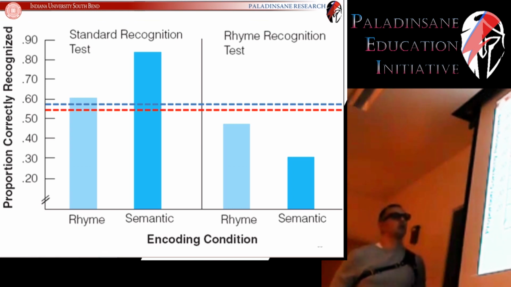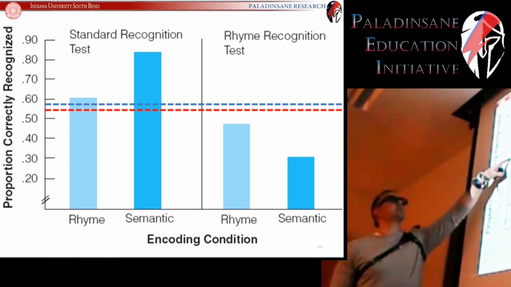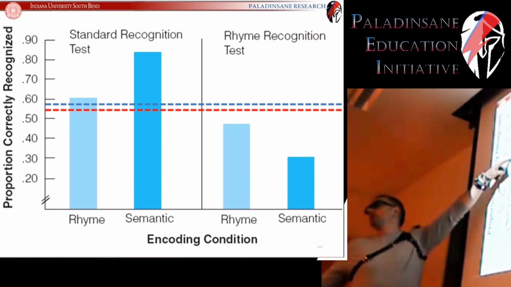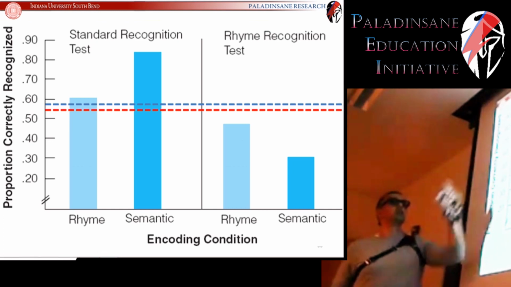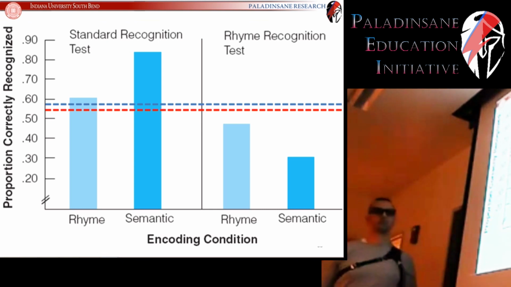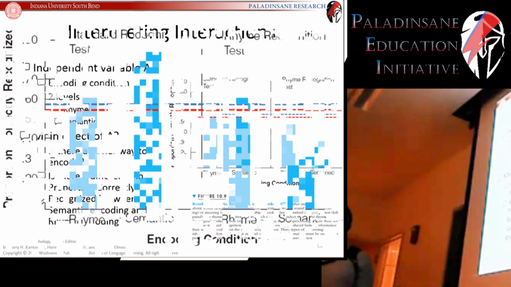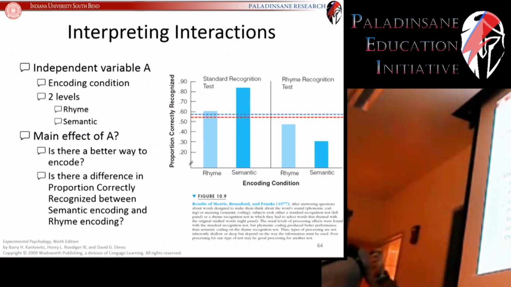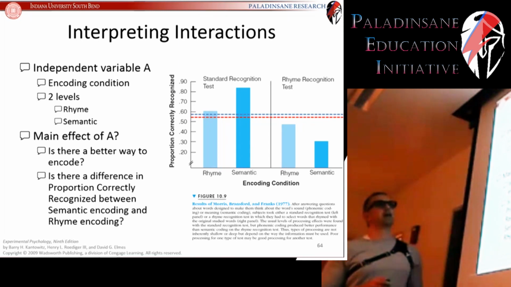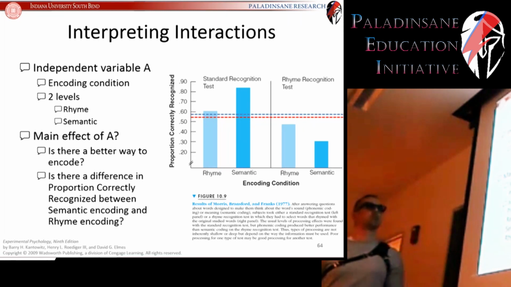If you want to go home and say, yeah, complex experimental design, suplex developmental resign, great, that's fine. You're still going to be doing just about as good as semantics. That's what the main effect of encoding condition says. As you can imagine, that's not the real story. But there is a main effect of encoding condition, slightly better for semantic, but not that much compared to the rhyming condition.